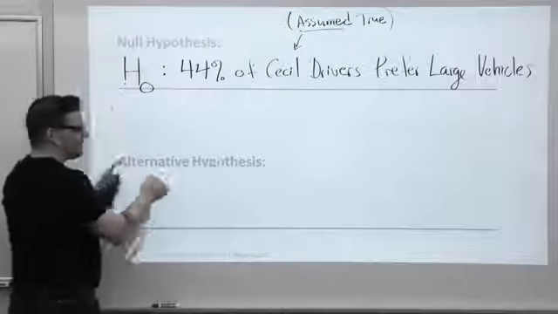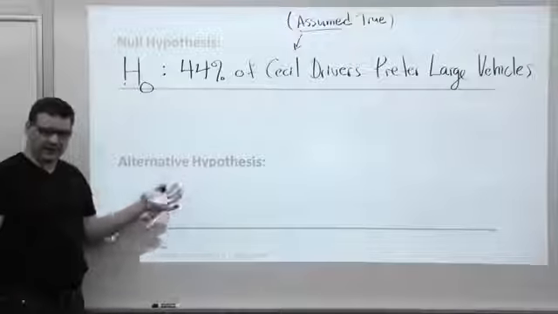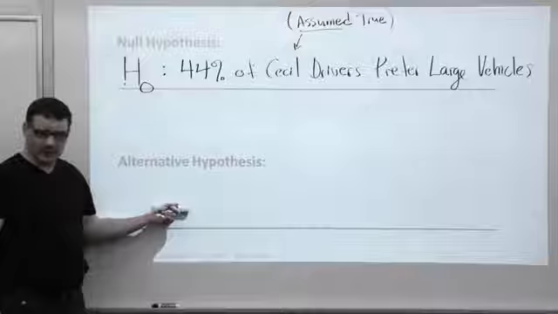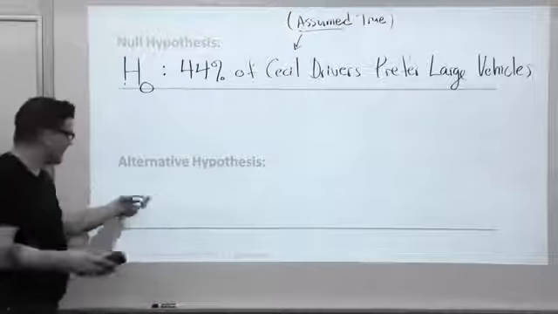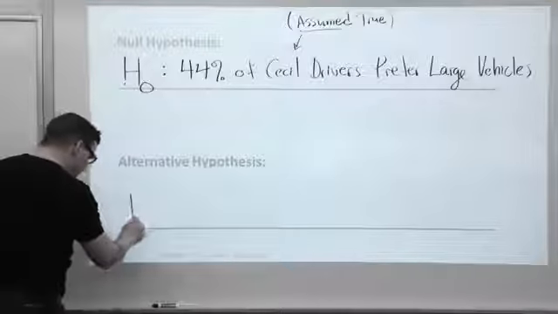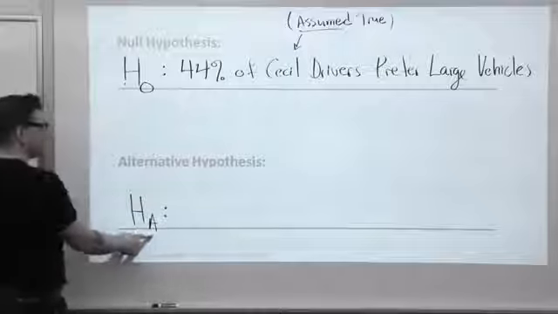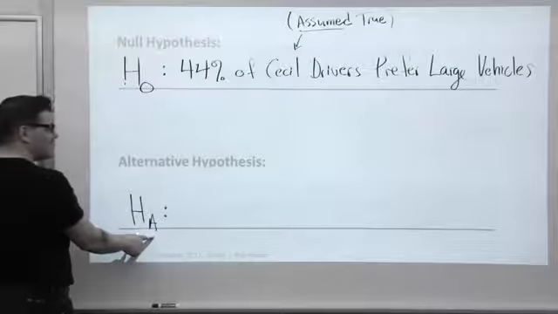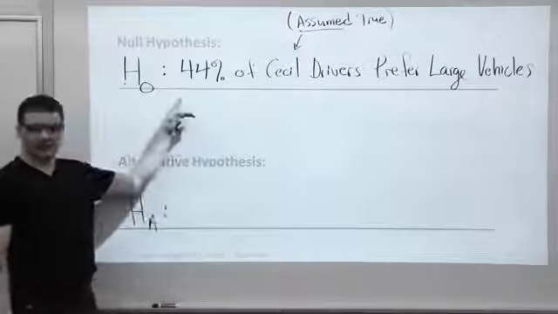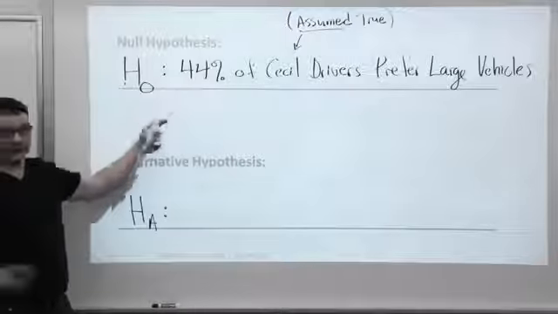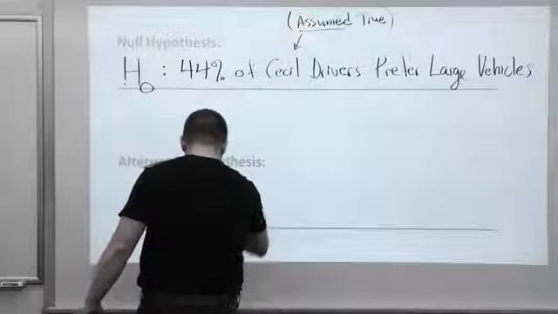The alternative hypothesis, as the person doing the test, is what I think to be true. But we need to collect the data to confirm it or not confirm it. So, alternative will be H sub A, for alternative hypothesis. And what do I think? I think the whole thing, except put two words in front: more than 44%.